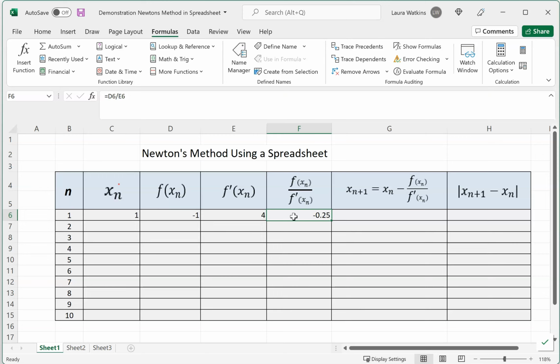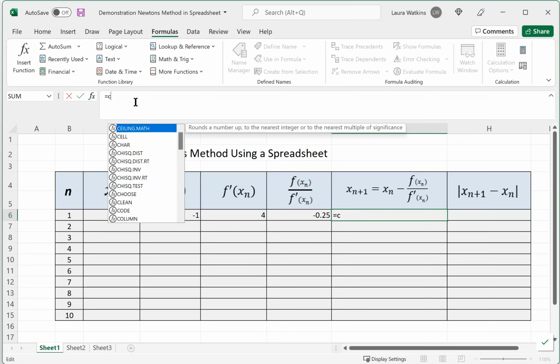That gives me the ratio, and then in this cell we're ready to find our next iterate, our next approximation. Notice we want x n, that's over here in C6.